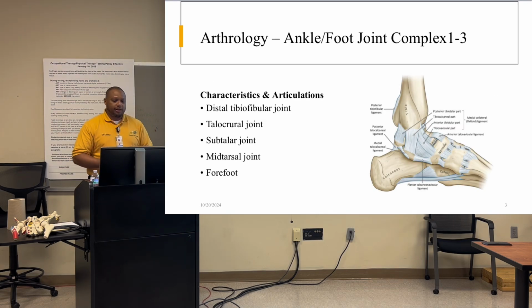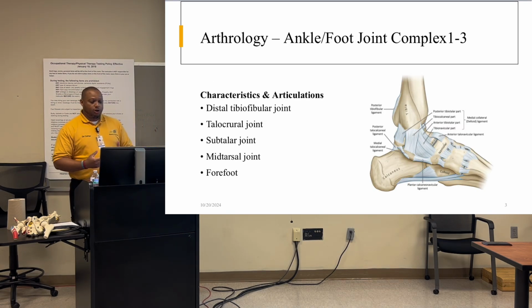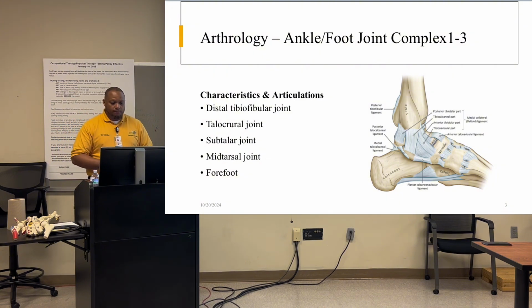So we're going to start out by talking about the characteristics and articulations of the ankle-foot joint complex. You have the distal tibiofibular joint, that's the articulation of the tibia and the fibula. You have the talocrural joint, the articulation between the tib-fib and the talus. You have the subtalar joint, the articulation between the talus and calcaneus.